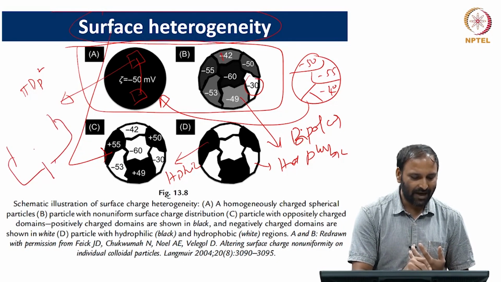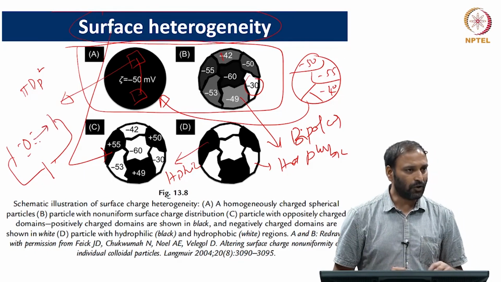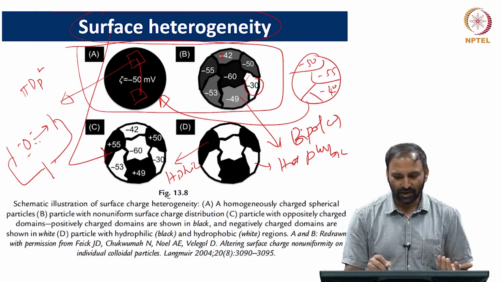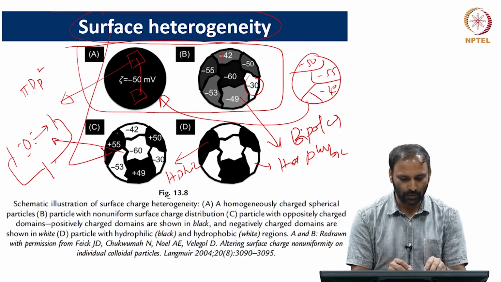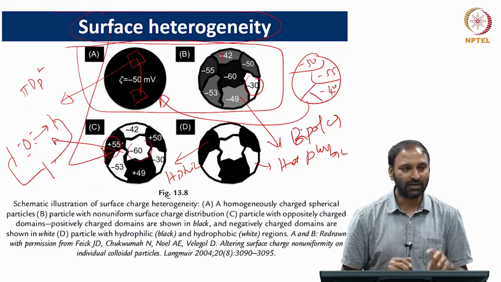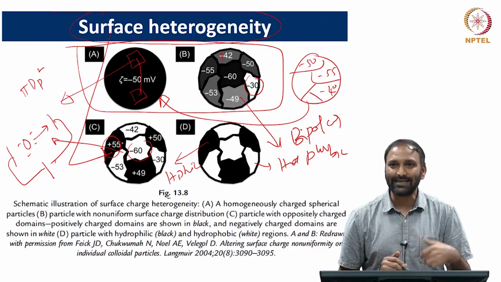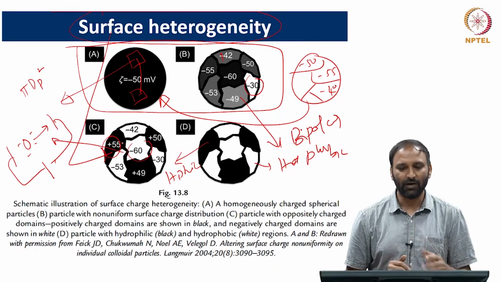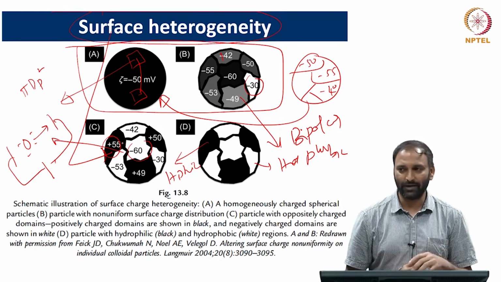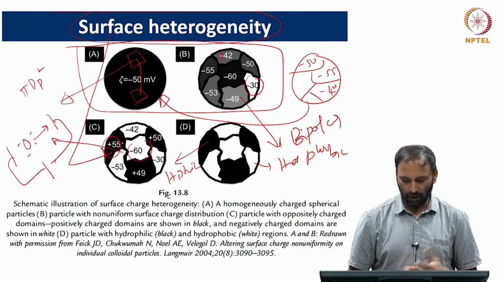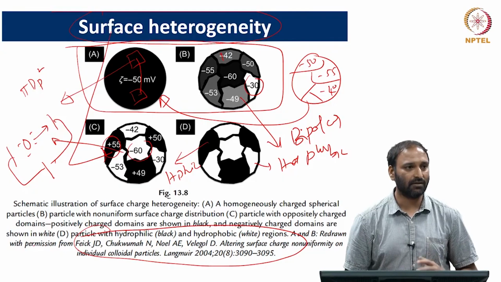You could have a charged particle which may move in a particular direction when you apply an electric field. However, if you have particles with heterogeneity like this, with patches that are positively charged and negatively charged, such particles could rotate in the electric field. You could exploit properties like that to characterize the particles for chemical heterogeneity, but it involves more advanced techniques and more involved work. So if you are interested to know a little bit more about this, you can read up some references that are here.